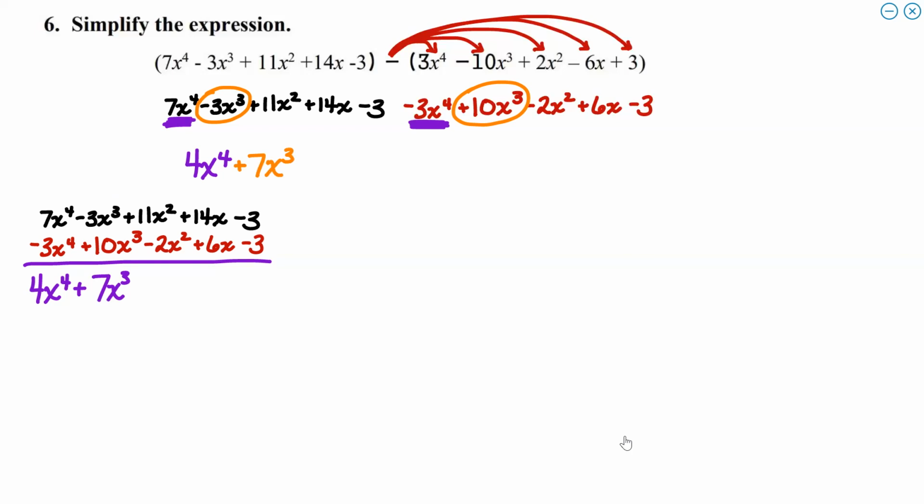All right, and then I move on to my next term. I have 11x squared. Are there any other x squareds? Negative 2x squared. I have those two aligned vertically right here. 11x squared minus 2x squared. How many x squareds do I have? 9x squared. Positive or negative 9x squared? Positive 9x squared.